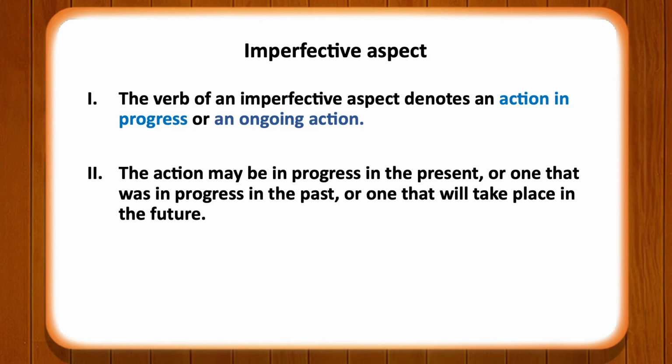And the action may be in progress in the present tense, or one that was in progress in the past, or the one that will take place in future. So, the imperfective aspect verb can denote an action in progress in present tense, in past tense as well as in future tense.